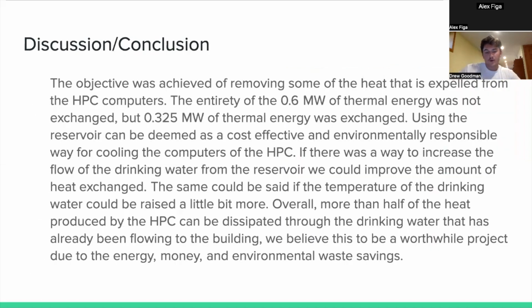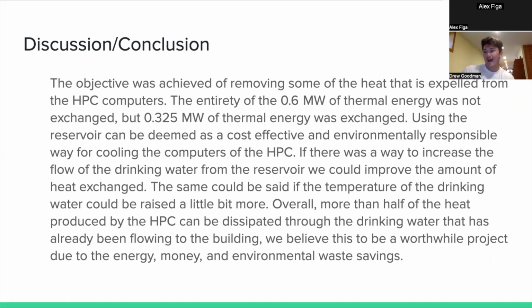So overall, our objective was completed by removing some of the 0.6 megawatts of thermal energy. Using the reservoir overall can be deemed a cost-effective and environmentally responsible way for cooling the computers in the HPC. And ways this can be improved would be an increase in the flow of drinking water from the reservoir, or if the temperature of the drinking water could be raised a little more.